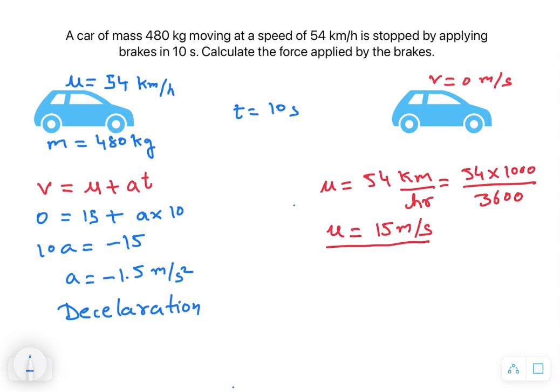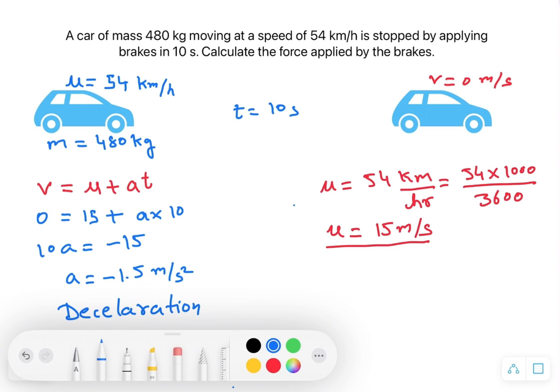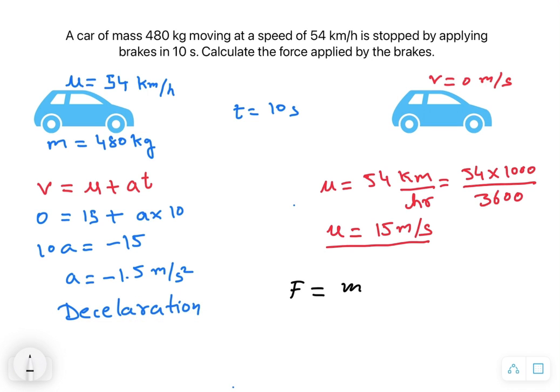Now let us substitute these values into the equation. Force equal to mass multiplied by acceleration. F is equal to m multiplied by A. We have the value of mass, yes, 480 kilograms. We just calculated the value of A, which is minus 1.5 meters per second square.